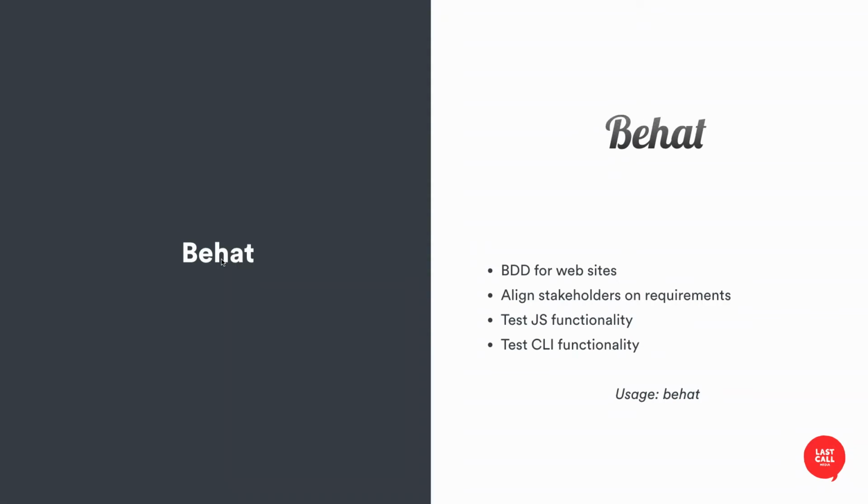So Behat. Behat is a thing that we use sparingly. It's slow. It is a behavior-driven test tool for Drupal, or for any website, really. You can use Behat in a ton of different ways. Some people use it as a full test suite for their site. We tend to use it more just to test really complex JavaScript functionality.